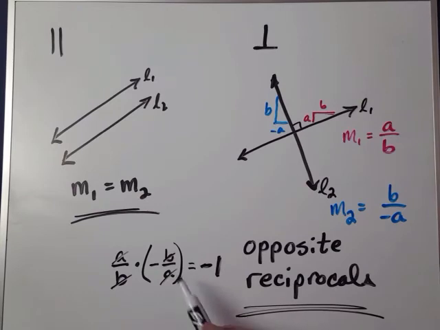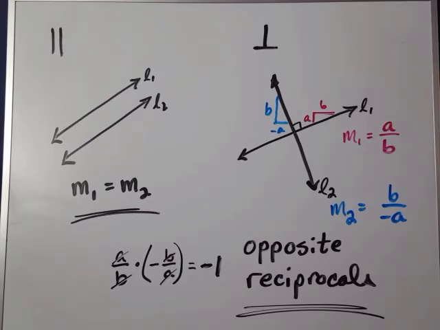So what she says is absolutely correct. The product of those slopes will be -1. I like to think of it this way, that the slopes will be opposite reciprocals. She and I are saying the same thing. Just two different ways of saying that same relationship between the slopes of perpendicular lines.